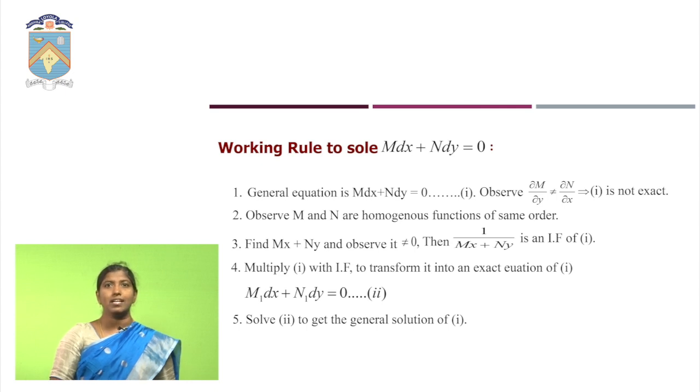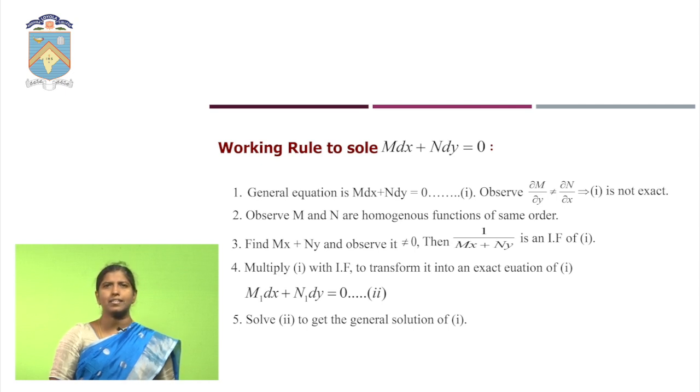If it is of the same order, we'll find mx plus ny. If mx plus ny is not equal to 0, then we'll take 1 by (mx plus ny) as an integrating factor.